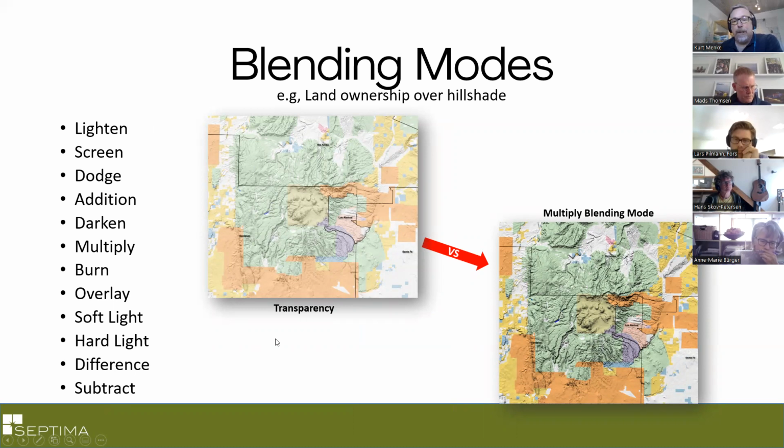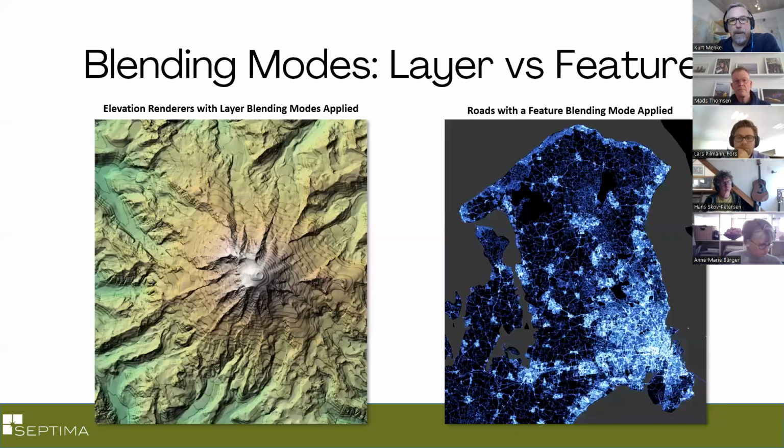And these are just fantastic ways to, for example, blend polygons with terrain. So we'll see some use cases for blending modes. And not only do we have blending modes available at the layer level, but we also have blending modes available at the feature level. And so we're going to look at why you might want to use that.